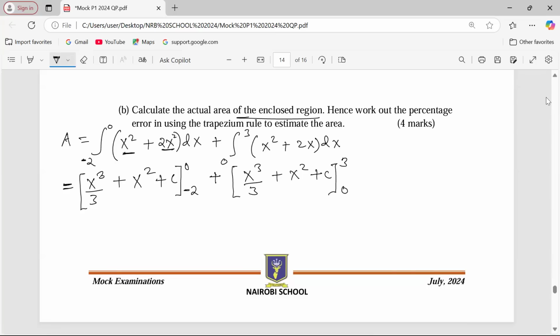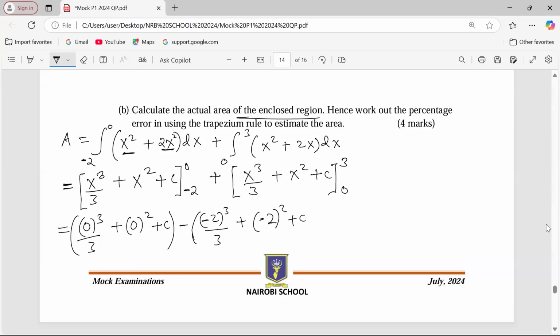So in the first part, we begin by substituting the bigger, which is 0. When you substitute 0, it will be 0 cubed over 3 plus 0 squared plus a constant, minus, when we substitute -2, (-2) cubed over 3 plus (-2) squared plus c. That will be the first integration.